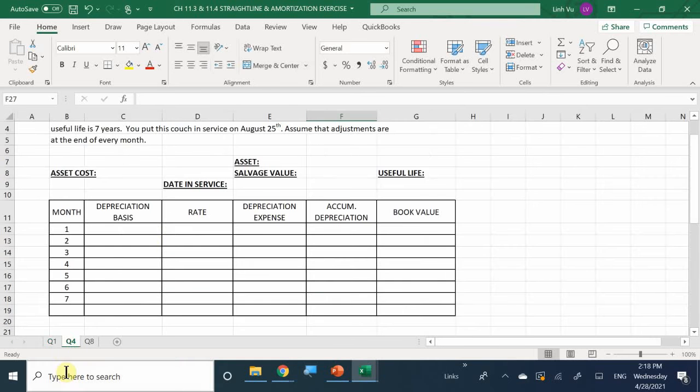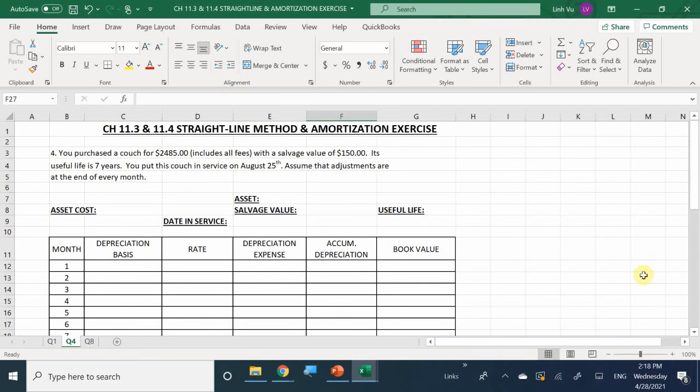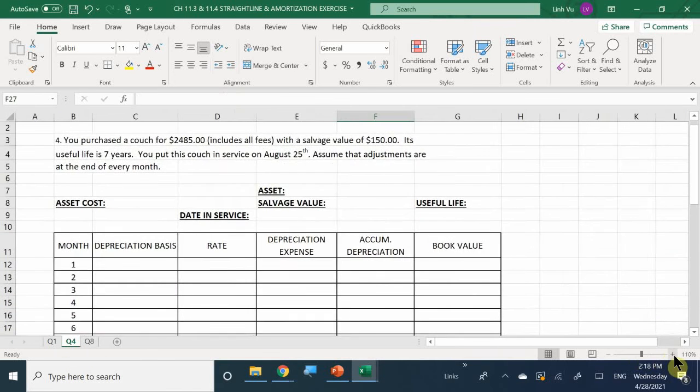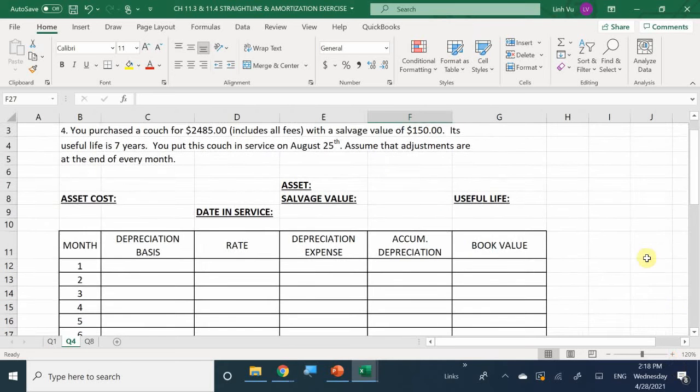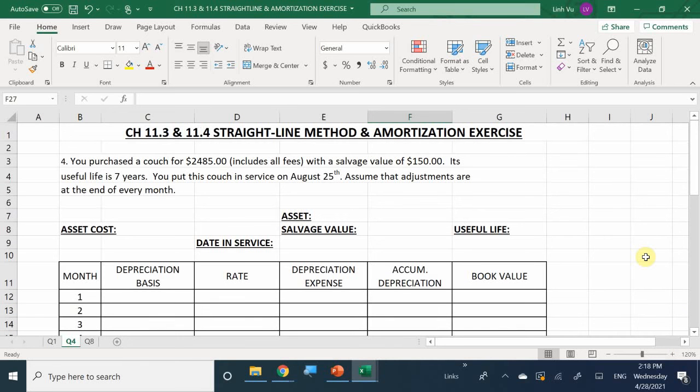Okay, so question number 4. Let's take a look at this example here. In this example, I decided that you purchase a couch for $2,485, which includes all fees and shipping. It's all included. Now it asks you, with a salvage value of $150.